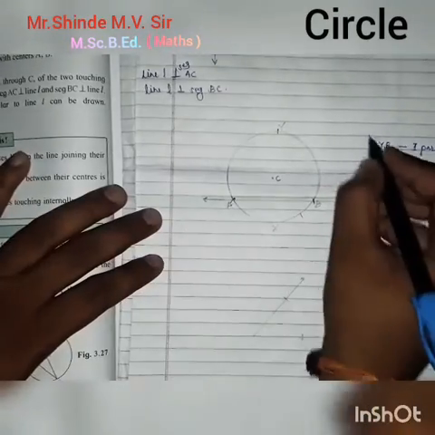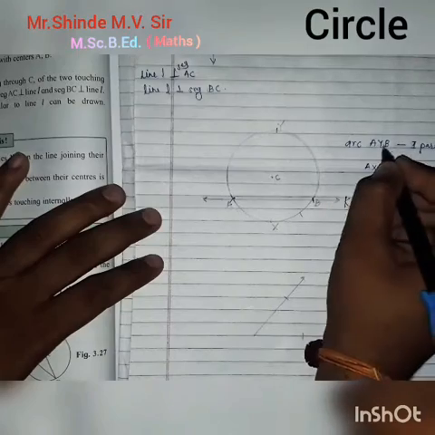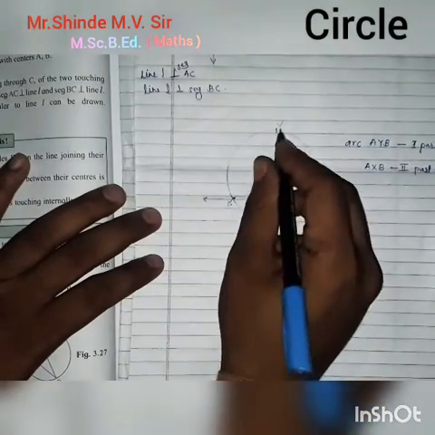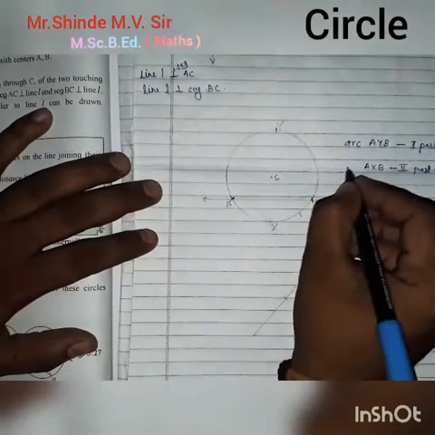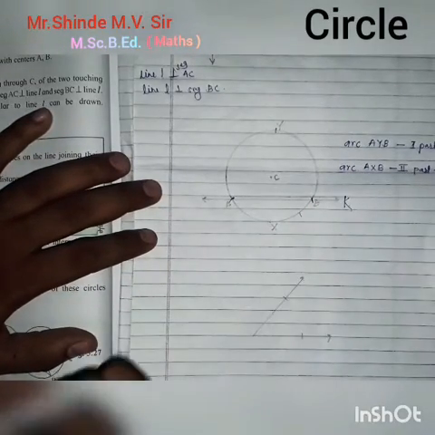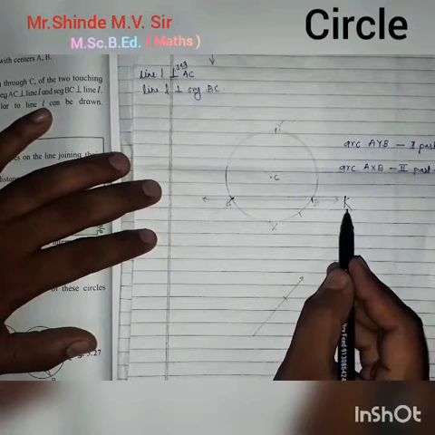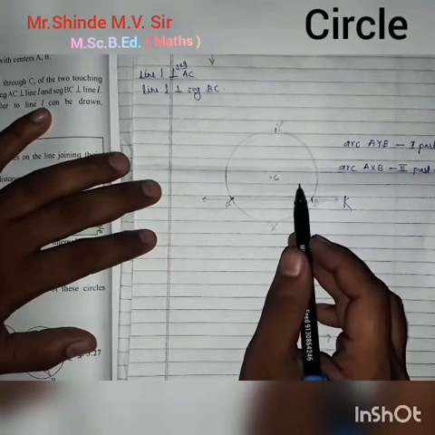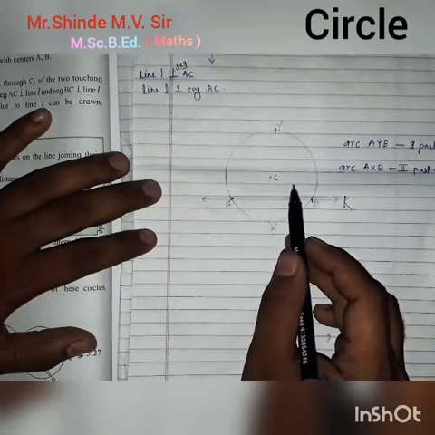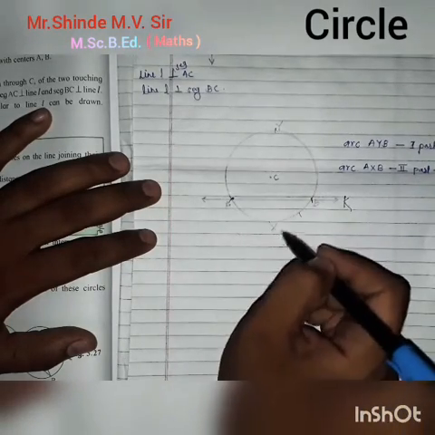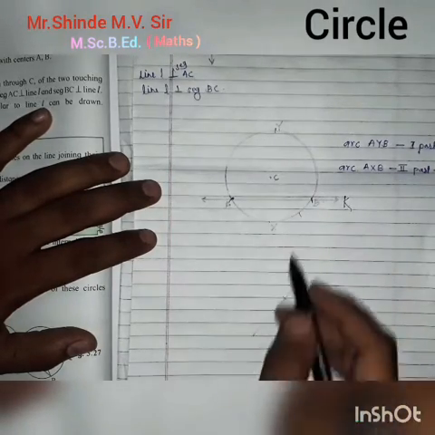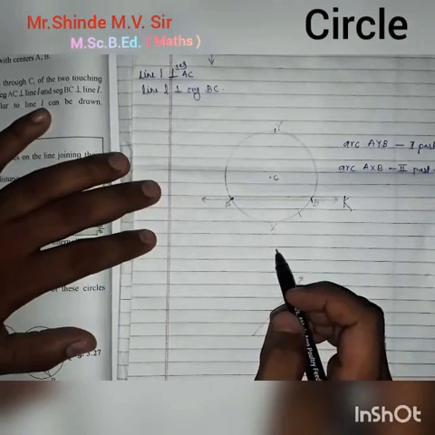So arc AYB and arc AXB are the two arcs. The secant divides the circle into two parts, and each part is nothing but an arc of the circle.